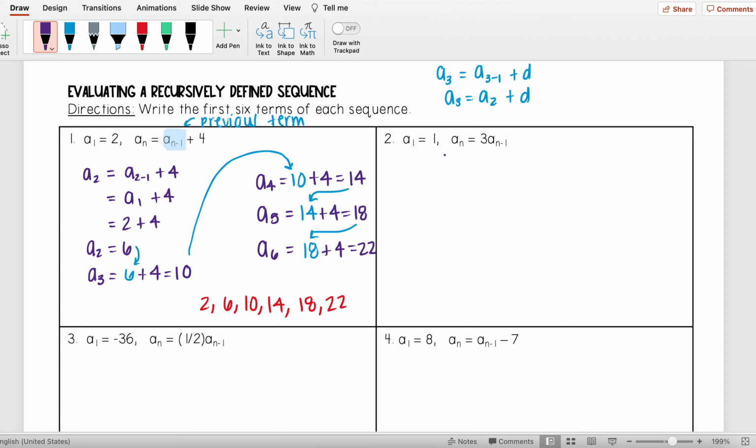Okay, let's try this next one. Now I have a1 is equal to 1 and an is equal to 3 times an minus 1. I'm going to go ahead and highlight that, and remember that is the previous term.